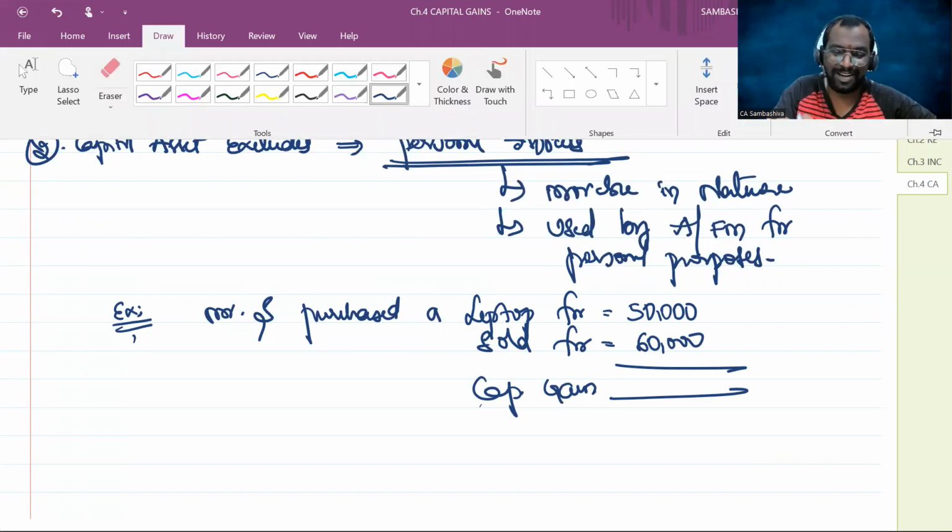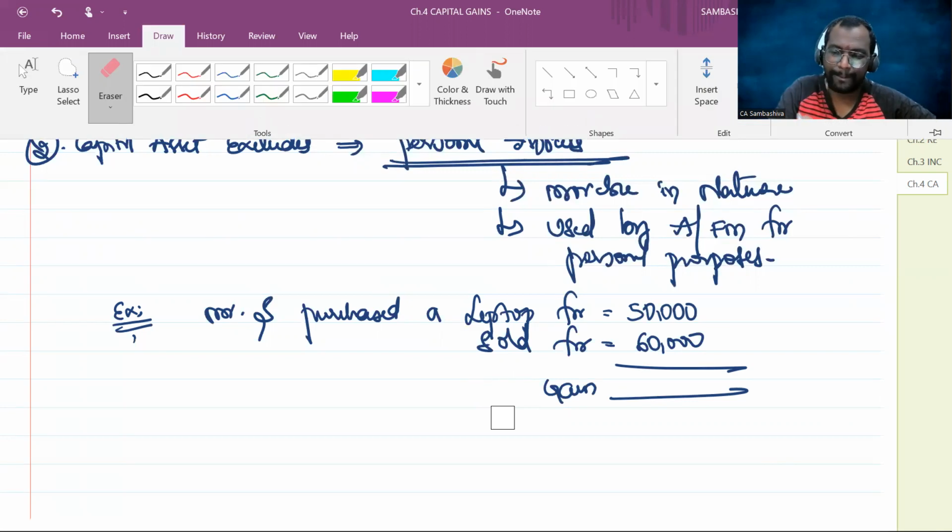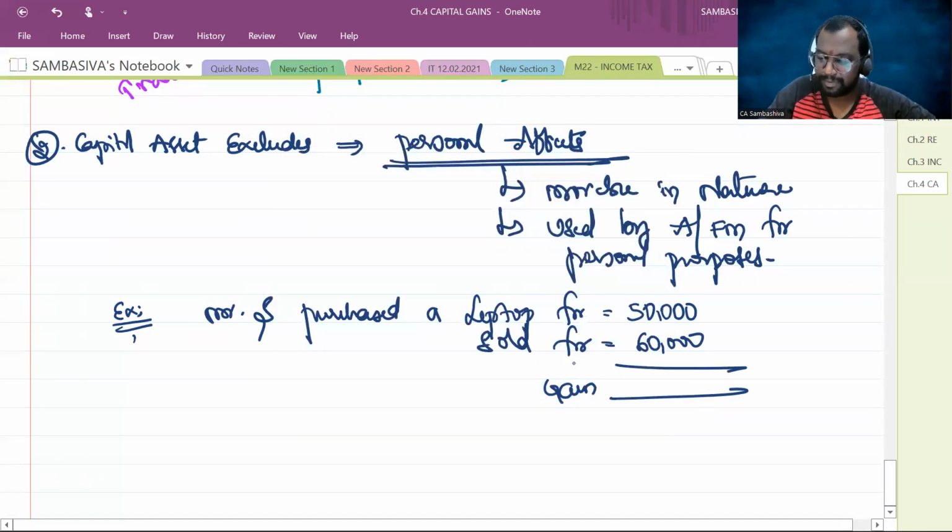I should not say it as a capital gain, I got a gain of rupees 10,000. I purchased for 50,000, sold it for 60,000. I got a gain of 10,000.